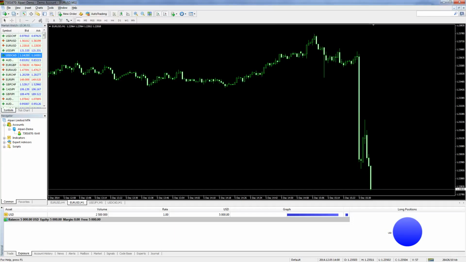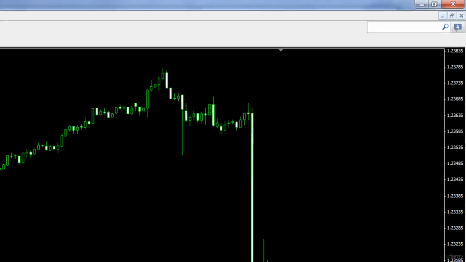New York time. And so this massive spike, how would we go about trading it if we're waiting for it and if we're watching the news? Well, generally speaking, or conceptually speaking, the method is quite simple. So what you would do first of all is you would obviously look at the news.